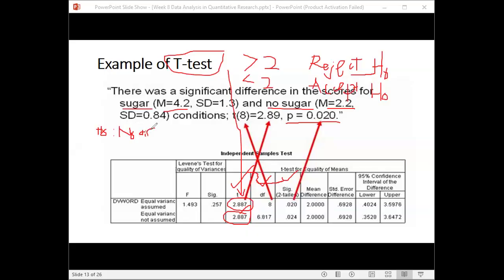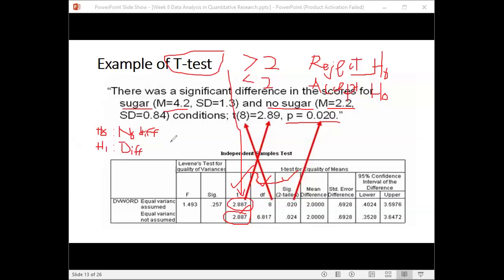I believe this is the thing you have to write in your book, right? So it tells you that there is no difference between the groups that you are testing. And then your H1, which we call the alternative hypothesis, is the opposite of H0. So we say that there is or there are differences between the groups.